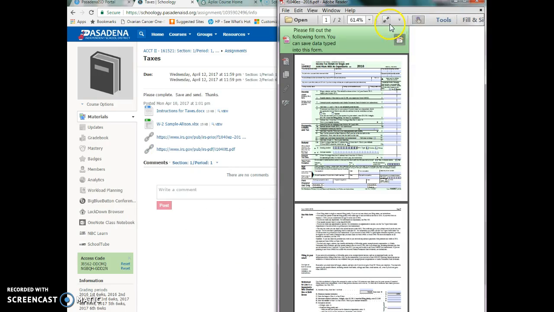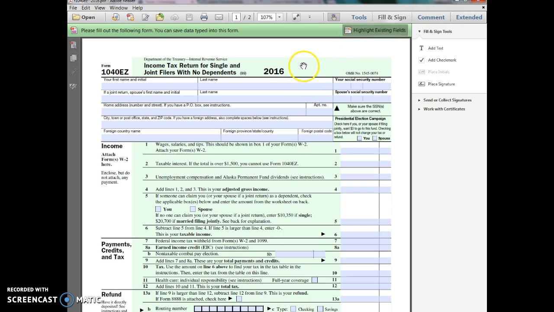If you're in Chrome, you're in great shape. Chrome might be a tiny bit faster. So, this is Allison in Wonderland. I made this up with some of my students, I don't know how many years ago.